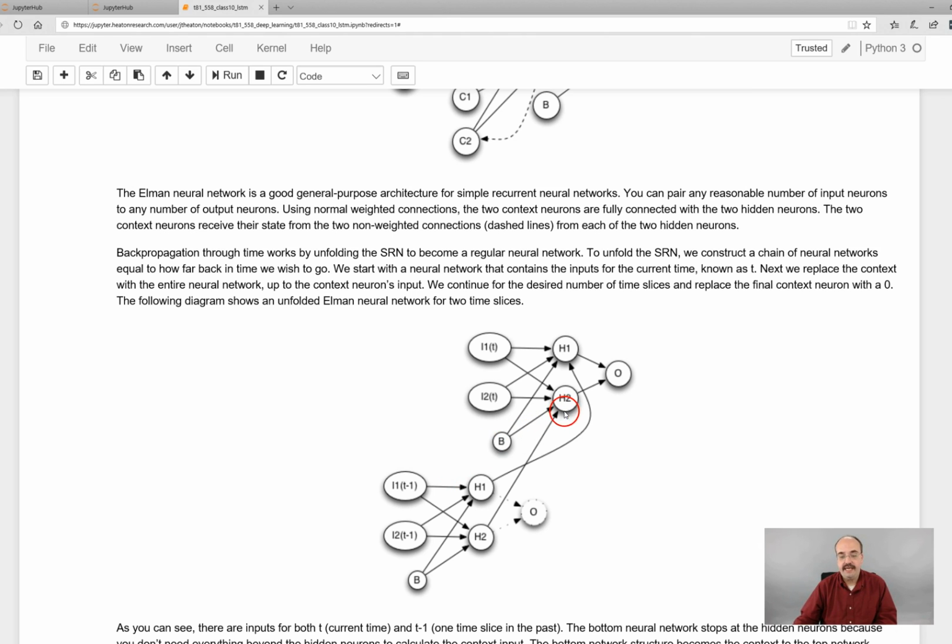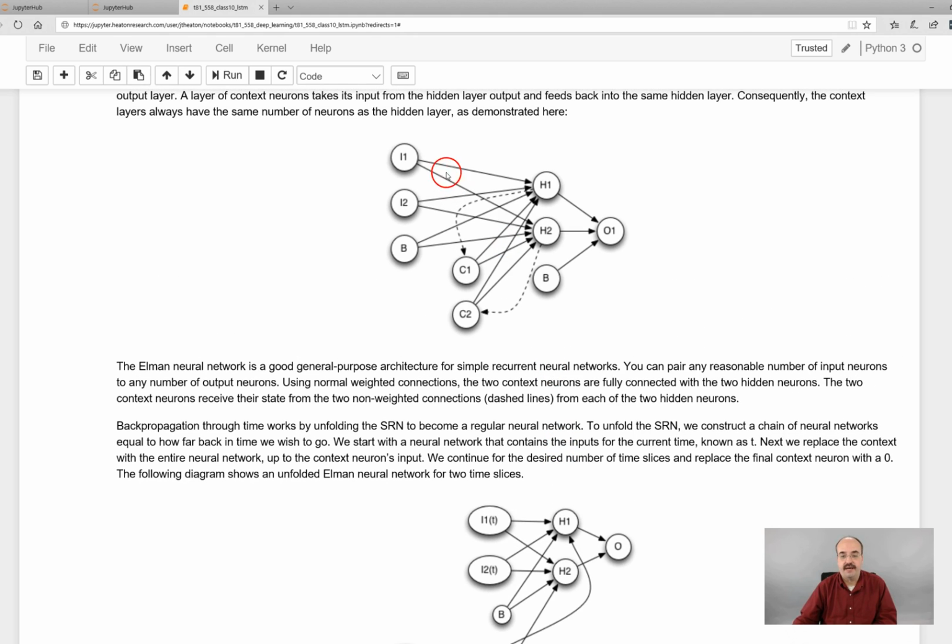For the first call of this one, all that's really happening is we have these additional C1 and C2 values. We need those so that we can complete the inputs to these hidden 1 and hidden 2. Well, what are these C1 and C2 values? They're hidden 1 and hidden 2 from the previous call, their values captured and put into here.